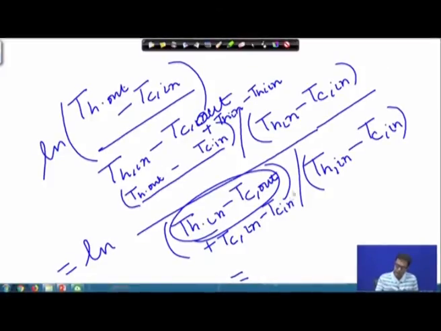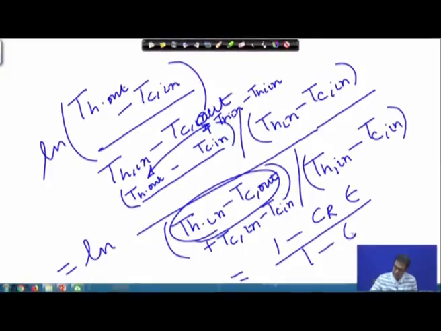This will eventually not change the overall expression, but now we can combine this T_H,out and T_H,in, and this will finally come as (1 − C_r) into epsilon by (1 − epsilon).